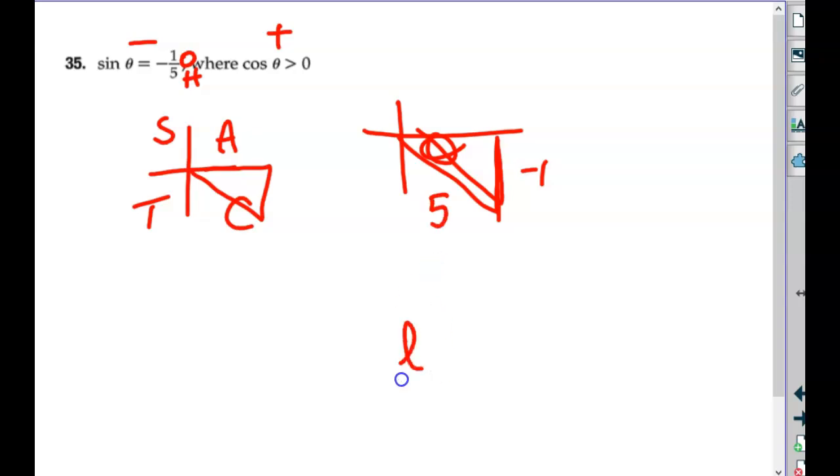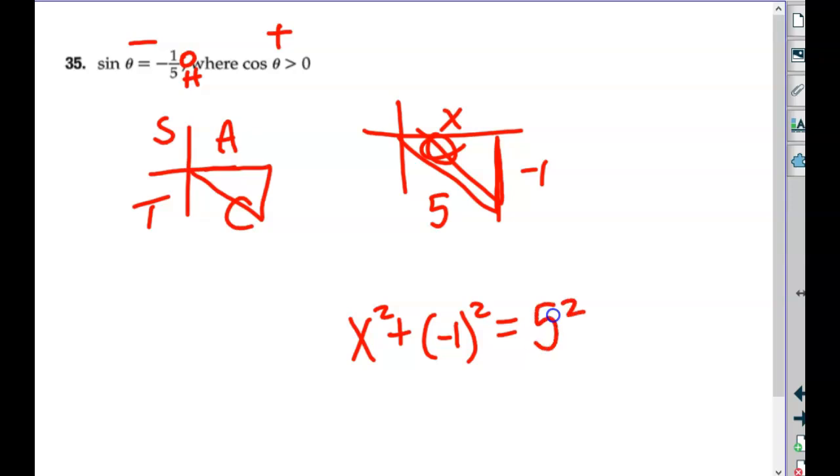Now, some missing x value here. It actually is an x because it's over. X squared plus negative 1 squared is got to be positive 1, right, guys? So minus, this still came out a positive 1, so we're going to subtract. It's going to be 24. Everybody good?